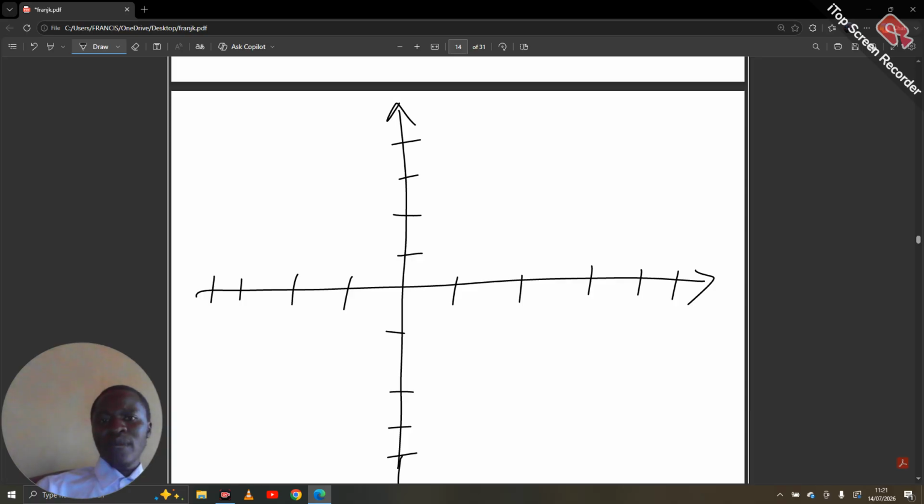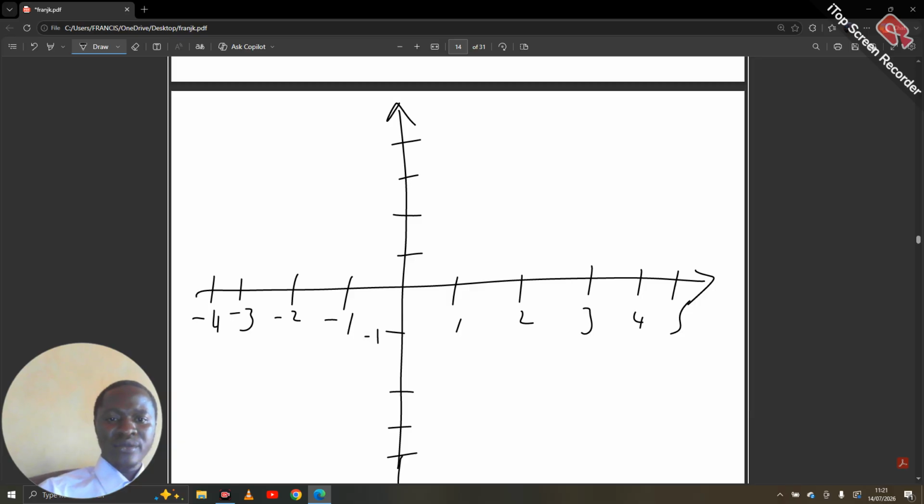Now remember, our Cartesian plane must always have an arrow. That is something you must have in your mind. So we have 1, 2, 3, 4, 5. Minus 1, minus 2, minus 3, minus 4. Minus 1, minus 2, minus 3, minus 4.